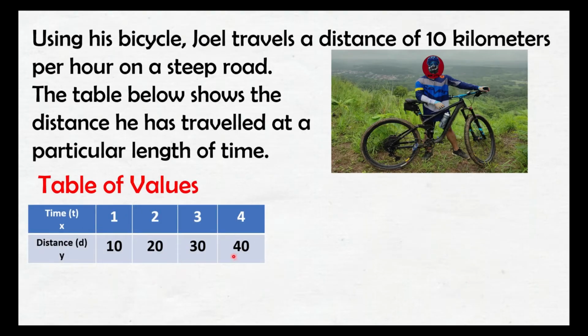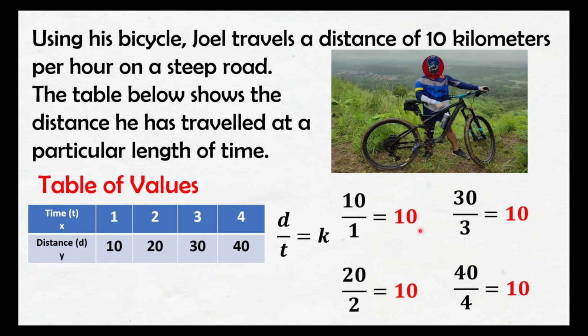Okay, again, yung given table of values natin. So, di ba kanina, y over x. So, dito pinalitan ko na lang ng d over t para makita natin na yung d nire-represent siya si distance at si t naman si time. Tapos makuha natin ay k. So, pares lang ito dun sa y over x. So, na-divide na natin kanina na nakuha natin k is 10.